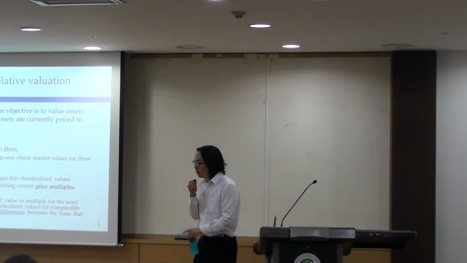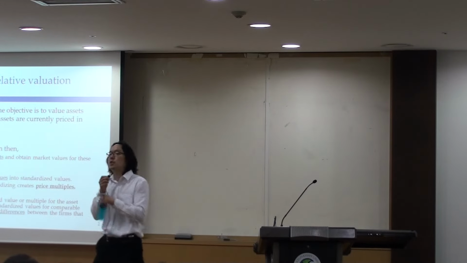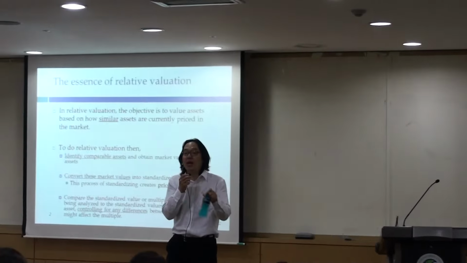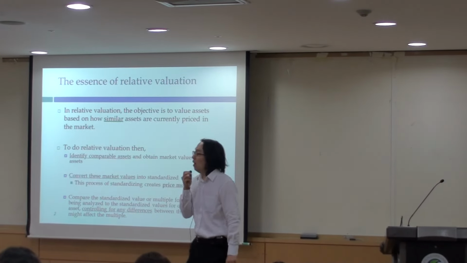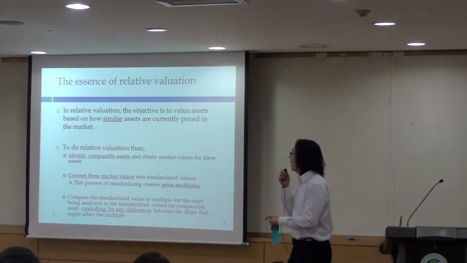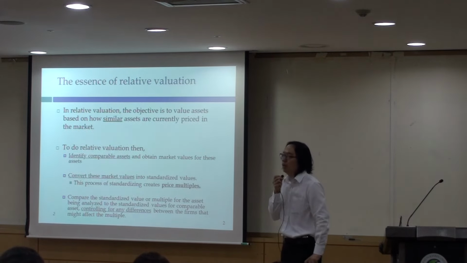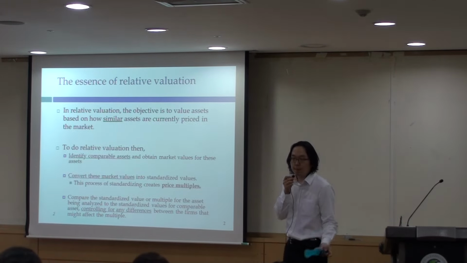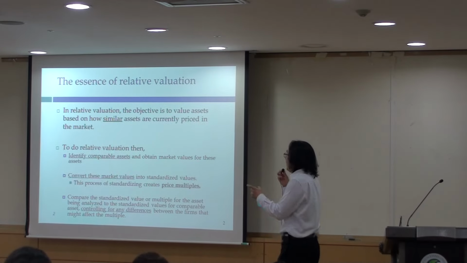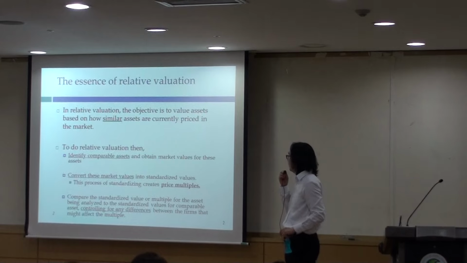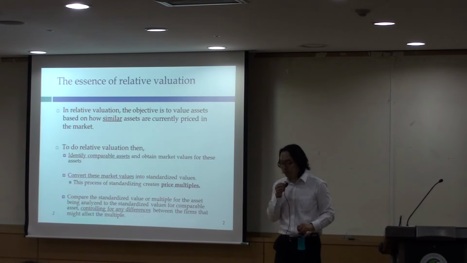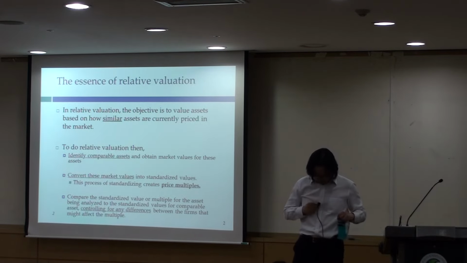So for each earnings number, how much are we willing to pay? Okay, that's the idea of PE multiples. And on that basis, we can compare Berkshire Hathaway and Google or Tesla. Okay, so that's the idea of converting these market values into standardized value. Okay, so that's that.